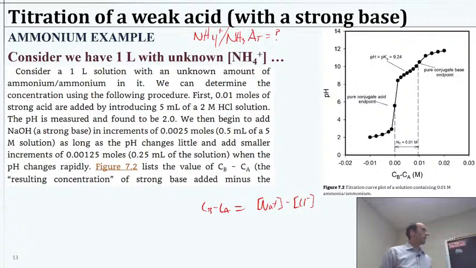Okay, so then we can know that resulting concentration like I talked about, and we can measure how much base it required to go from one spot to the next.